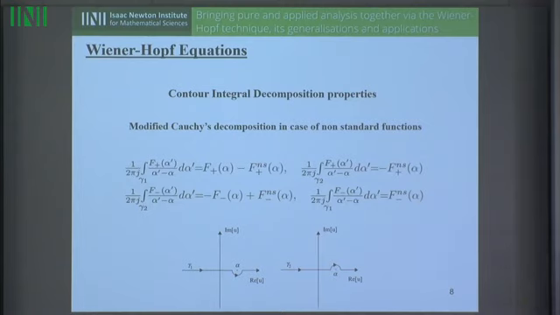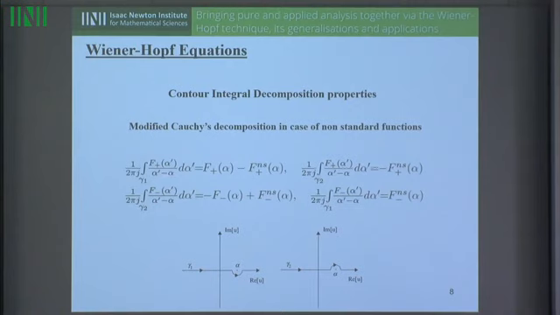In the case of plus functions it is in the upper plane, in the case of minus functions it is in the lower half plane. We call these portions F plus and S non-standard, or in the case of minus function F minus and S.